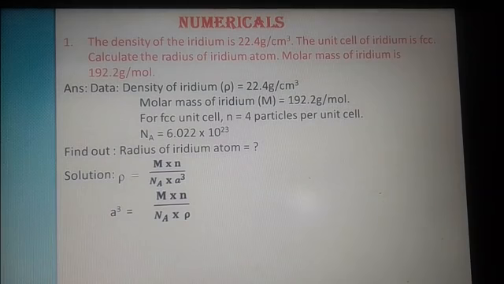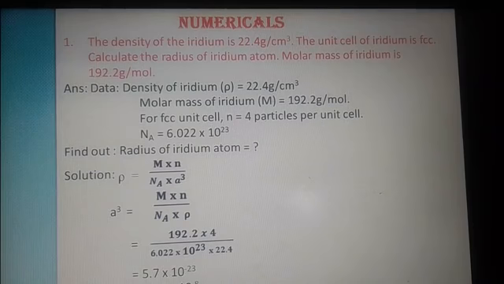A cube is equal to M into N divided by Na into rho. Put in the values and then calculate the answer. The value of A cube is 5.7 into 10 to the power 23. And if we take the cube root of that value, we get A is equal to 3.84 into 10 to the power 8. That is the value of A, that is total edge length.